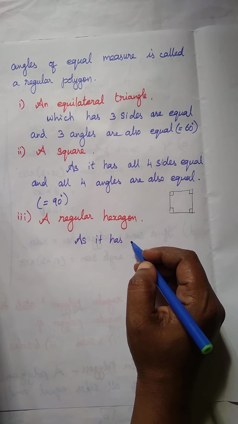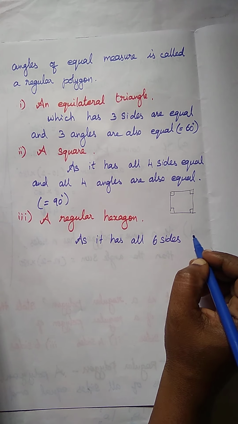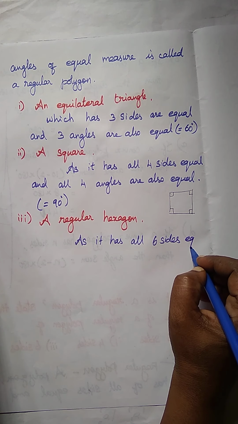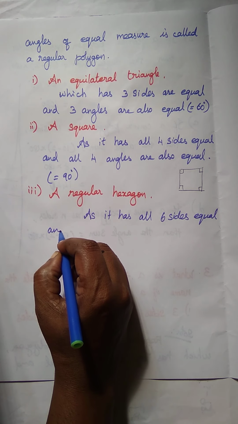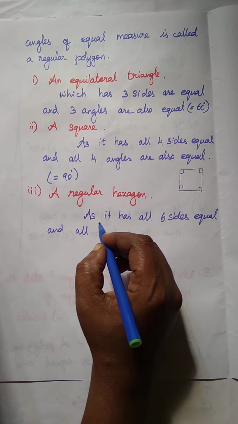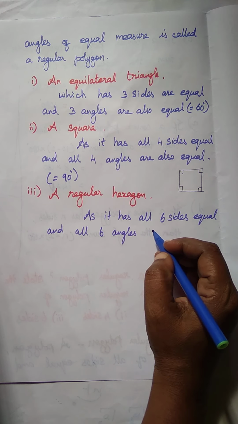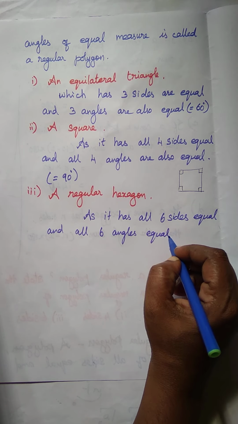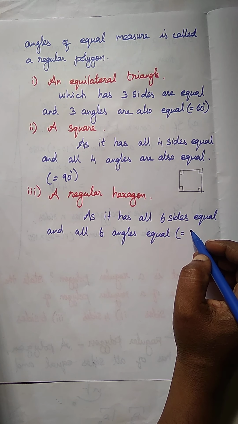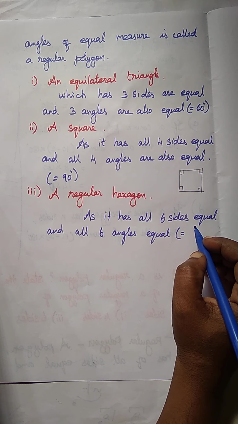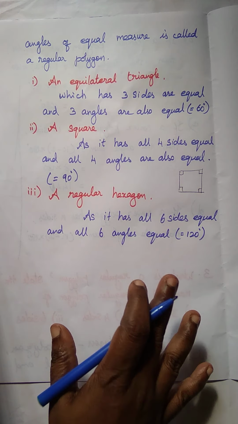It has all 6 sides equal and all 6 angles also equal. So what is each angle? Okay, so this is the solution of that.